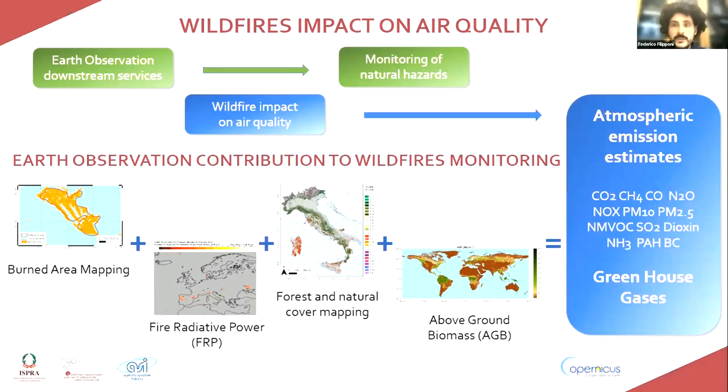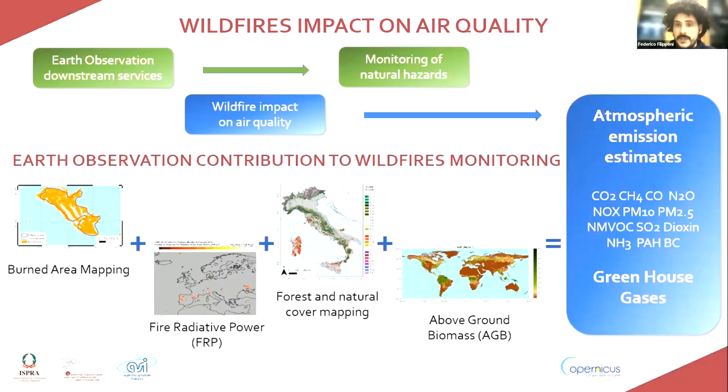So first of all, we need to identify which are the areas characterized by wildfires and their characteristics in terms of land cover, which should be forest or natural crops, through a mapping that can be generated using Earth observation time series.